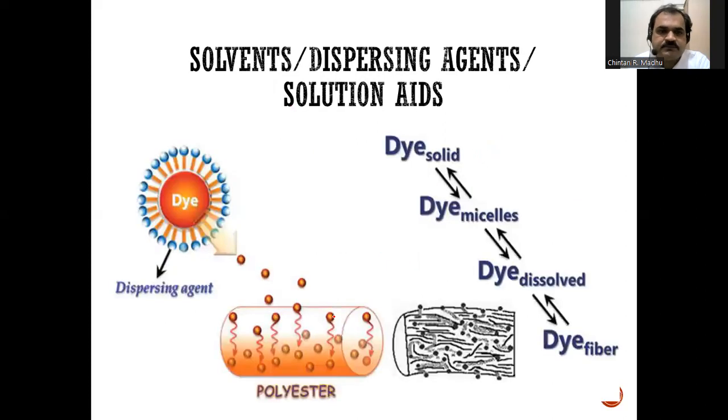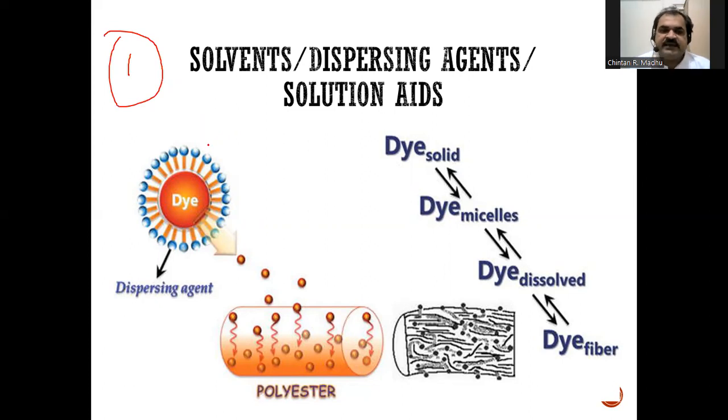Now, solvent, dispersing agent, or solution aid are all a single chemical. And how do they work? Again, when we are dealing with polyester fabric, we are bound to select the disperse dye. The beauty of disperse dye is that it is always in a dispersion form. But when I am talking about printing, I want that dye at a particular position, in a particular manner.